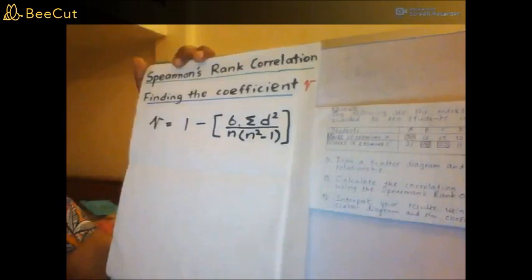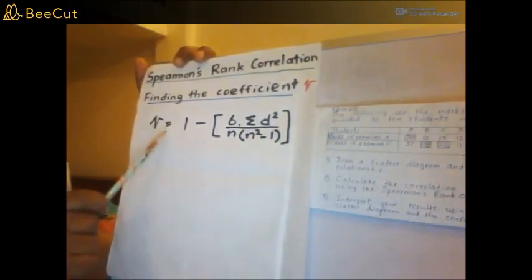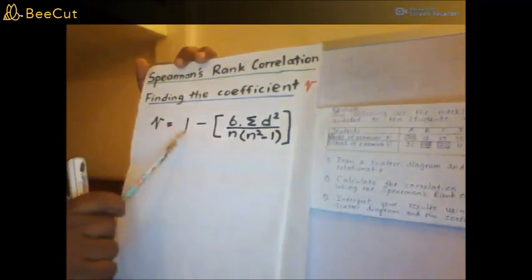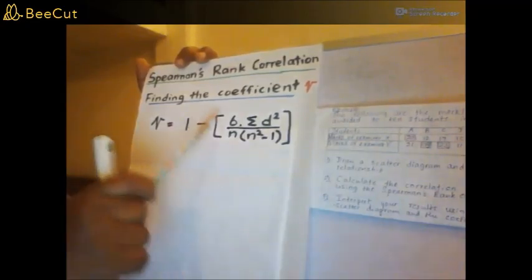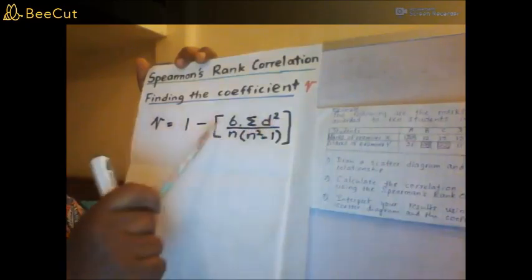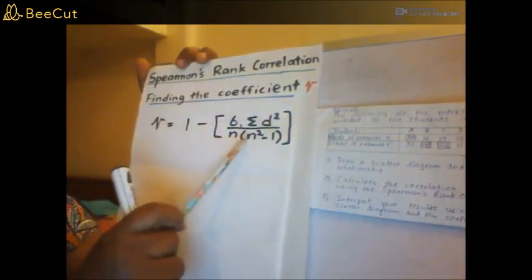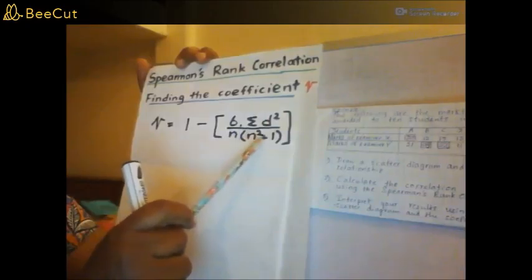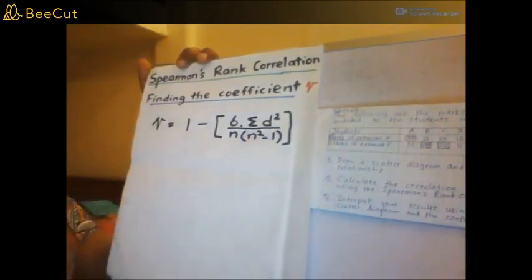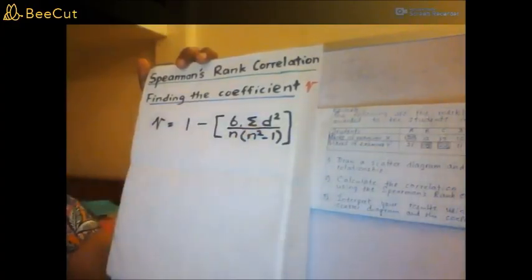This is the formula. Once again, rho equals 1 minus 6 into summation d squared divided by n into n squared minus 1. Here you can find simple d or capital D. It doesn't matter. There's no difference.